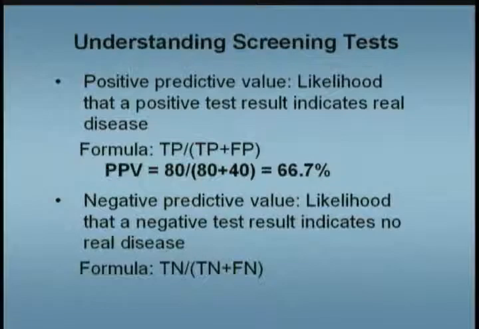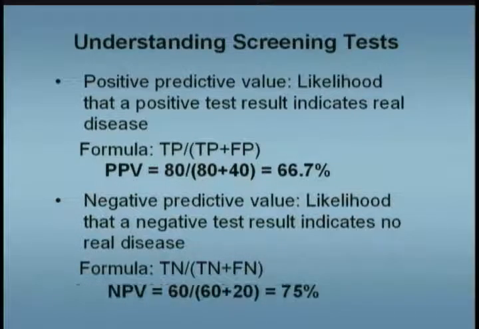Once again, the formula is straightforward, and the calculation's relatively easy as well. Using the numbers from the table, we have 60 divided by 80, which calculates to 75%. Translated, the right way to talk to your patient: there's a 3 out of 4 chance that I'm right. If I run 4 of these tests, 3 will be correct, and 1 will be wrong, in telling me that I have a negative test result.